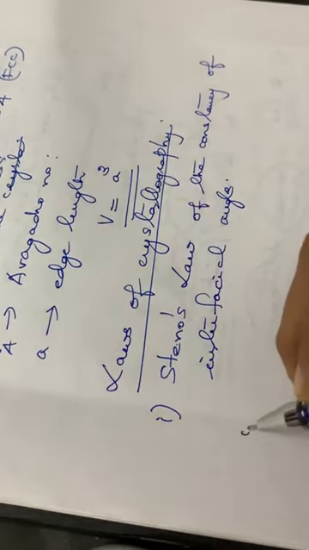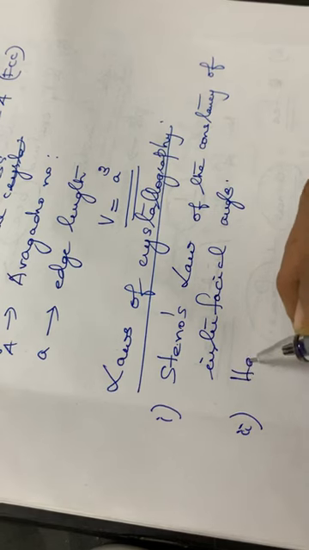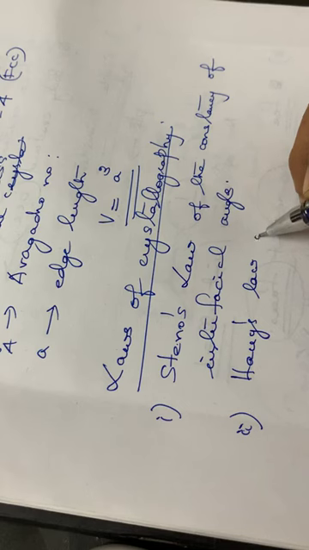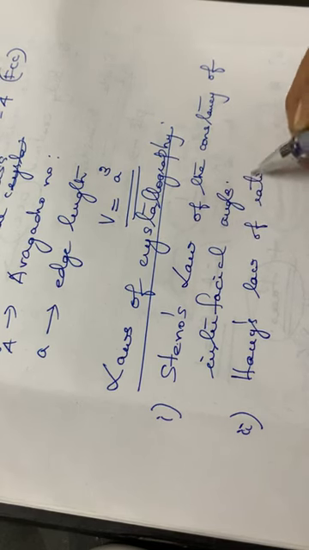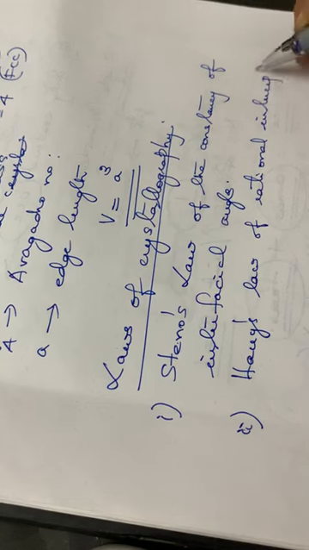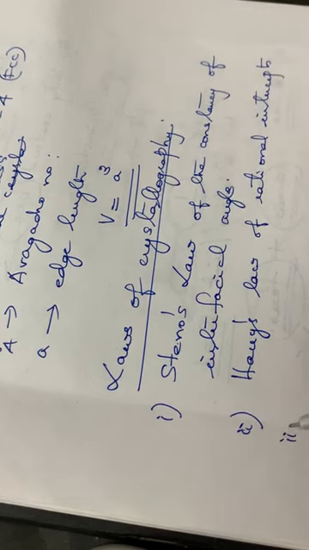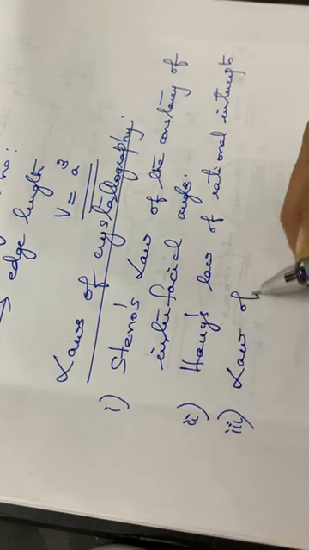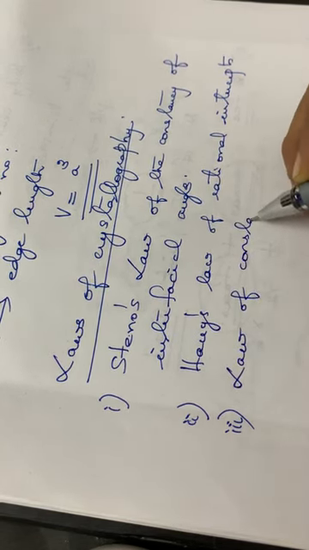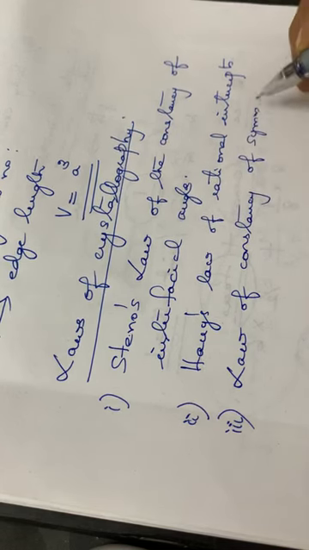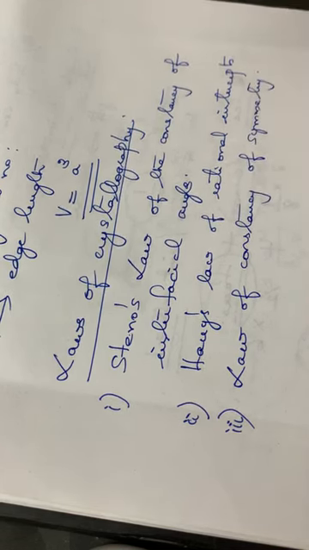Then the second one is Haüy's law, spelled H-A-U-Y-apostrophe-S, the law of rational intercepts. And the third one is the law of constancy of symmetry. So these are the 3 laws regarding the laws of crystallography.